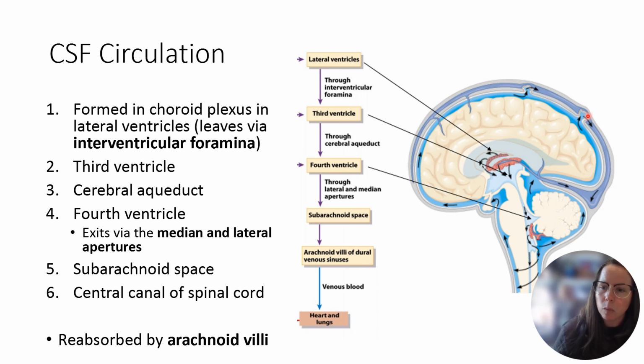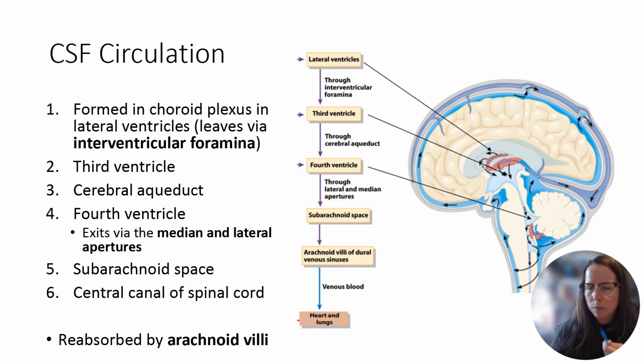So we start with capillaries filtering out the blood, producing cerebrospinal fluid, flowing through these different openings and cavities within the brain, around the brain, and then we get back into that circulatory system through the arachnoid villus into the superior sagittal sinus.